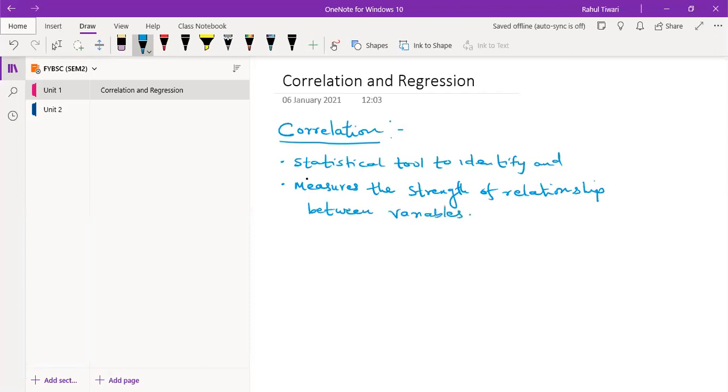It's a very strong statistical tool to identify and measure the strength of a relationship between two variables.